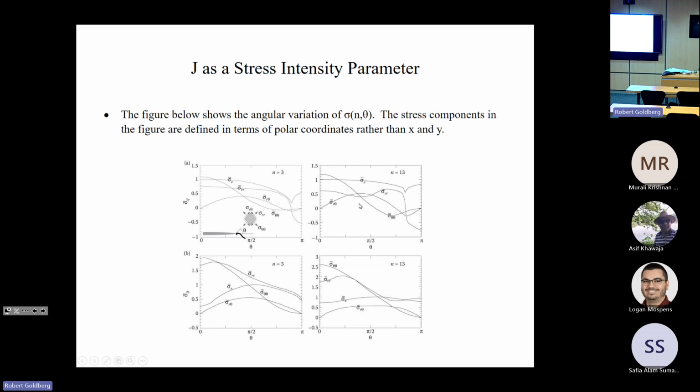Note that the plots shown here are in polar coordinates and not the regular Cartesian coordinates. Even the little cartoon shows the stresses in terms of radius and angle and not in terms of x and y.